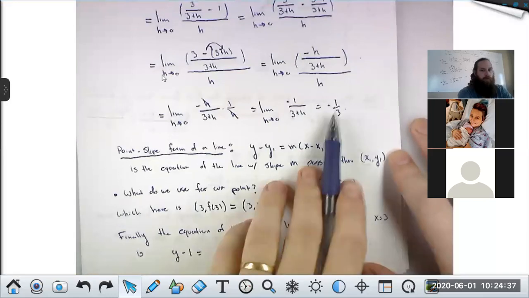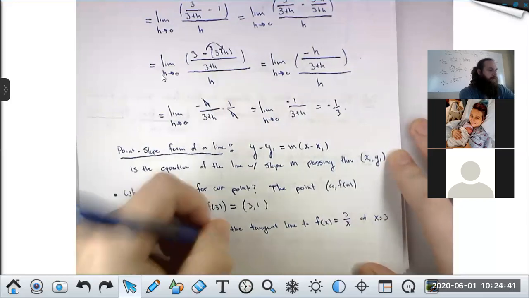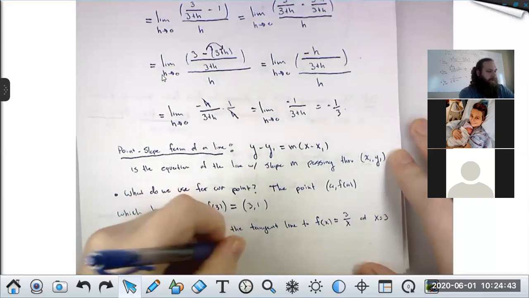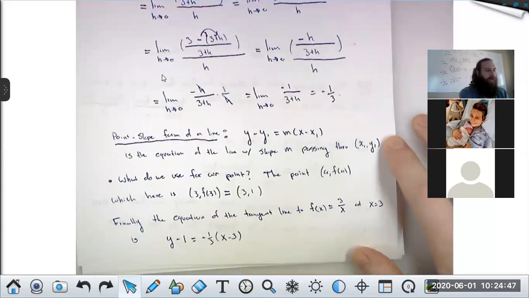My slope is negative 1/3 times x minus x1, that's x minus 3. So that's it, that's the equation of the tangent line.